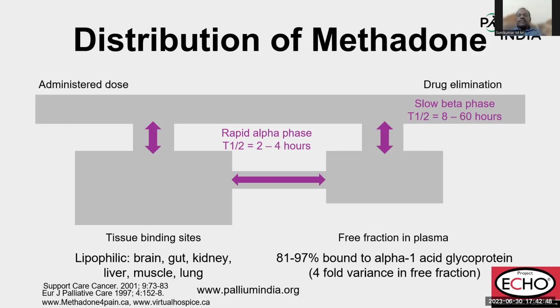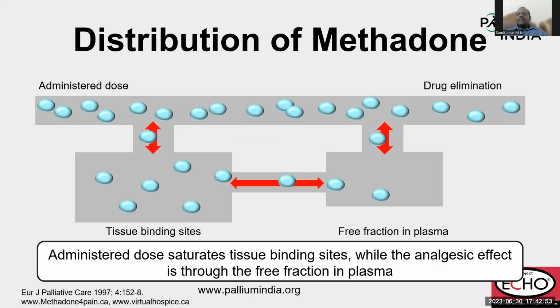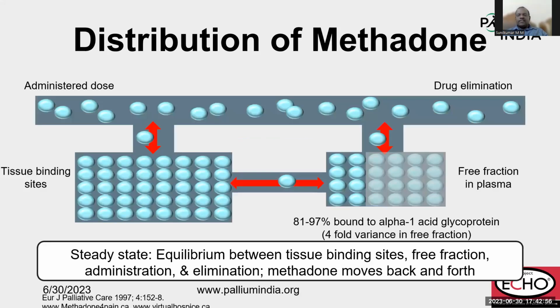Once the tissue binding sites are saturated, only then will methadone be liberated into the systemic circulation. You can see here the tissue binding sites are saturated with methadone, so a fraction of the methadone will be liberated into the systemic circulation. Only then will you get stable, consistent pain relief. For this process to occur, it will take about 5 to 7 days.